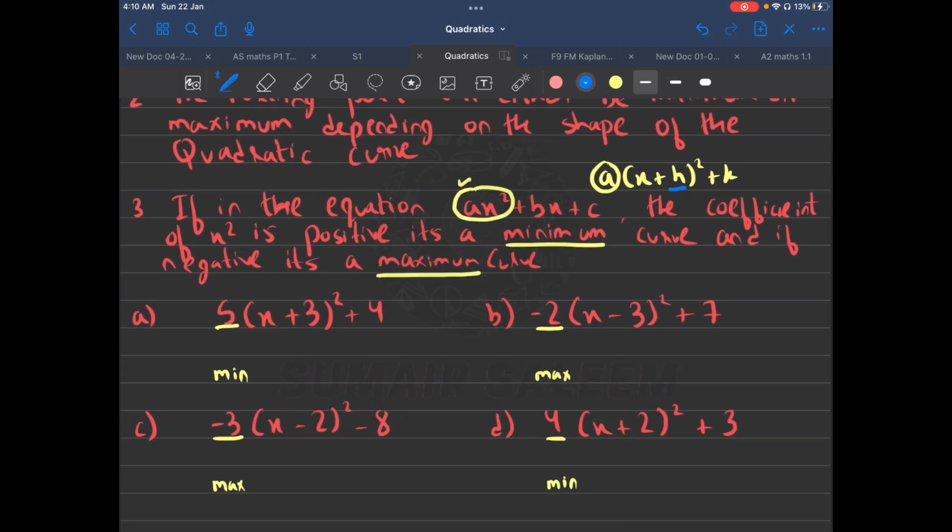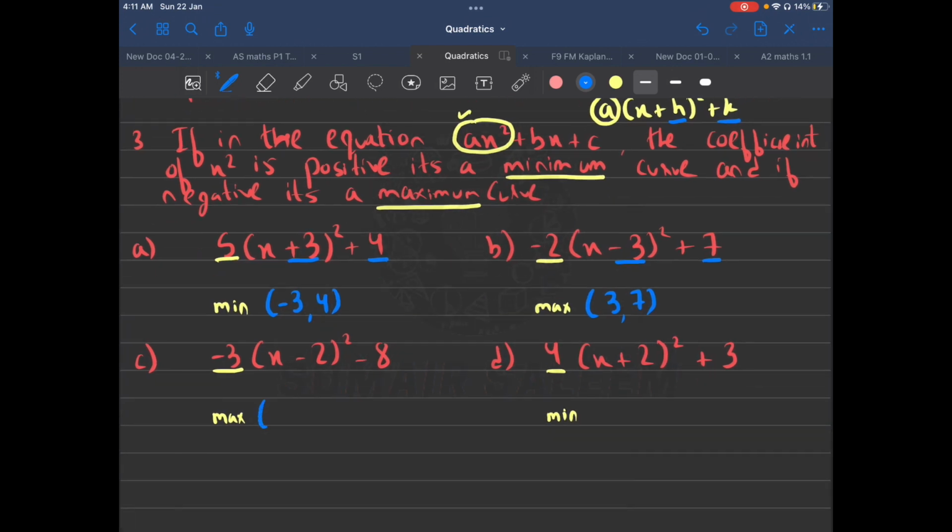Now my turning point is minus h comma k. So this is h and this is k. So here, what's h? Plus 3. So minus h will be minus 3, comma, this is k, 4. Do you get this? Here, if it's minus 3, minus h will become plus 3. But k will stay the same. Do you get this?